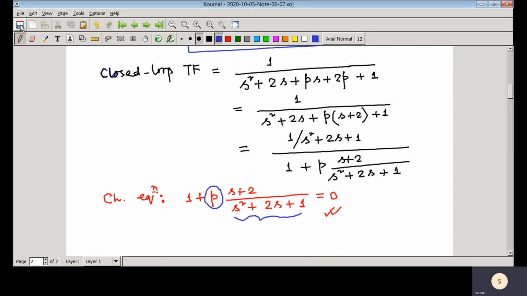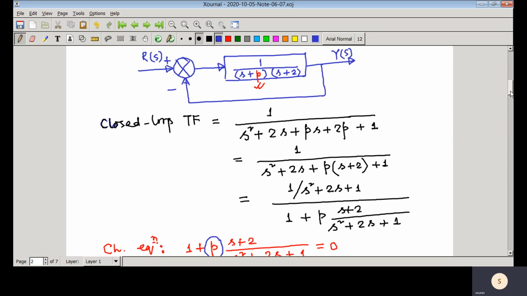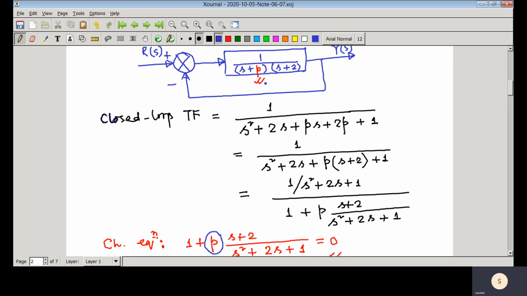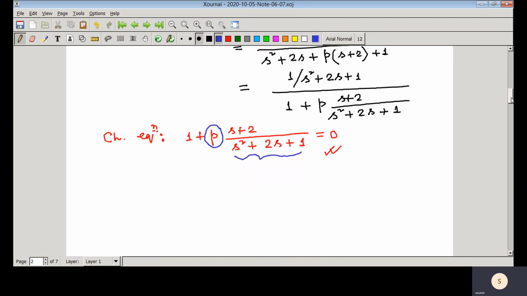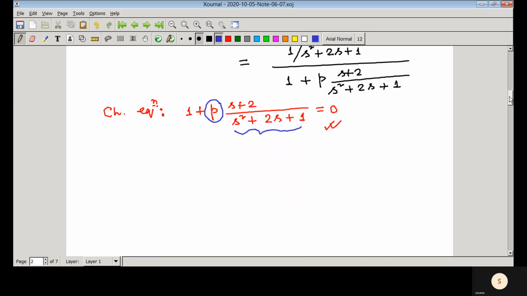So this is the framework where one pole is varying, and we ask what would be the locations of the closed loop poles. If this is our objective, we have now discussed how we can formulate this problem in root locus.